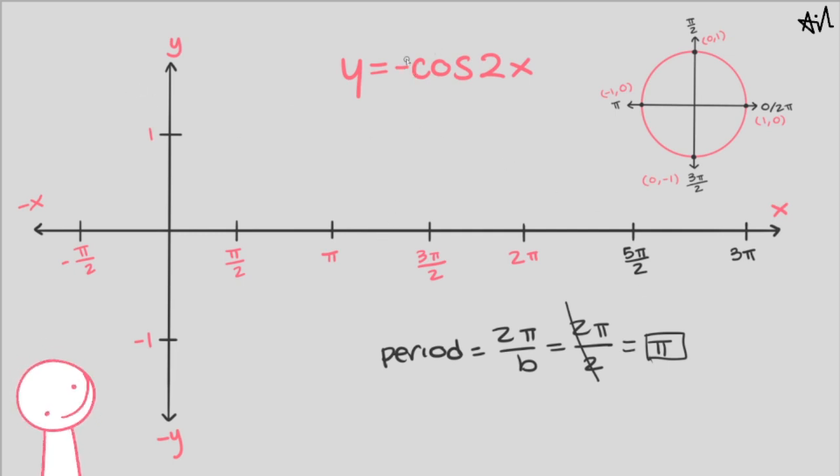And then we have a negative in front of the cosine, which means our y values are going to switch. So now where cosine usually equals 1 at 0 is now going to equal -1. Pi over 2 stays 0, but pi, instead of being -1, now becomes +1.